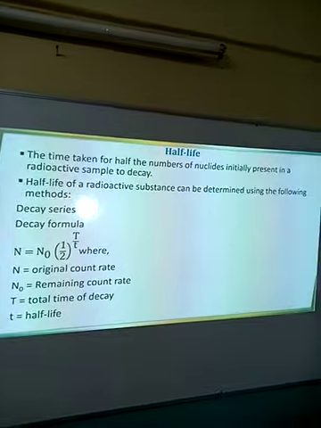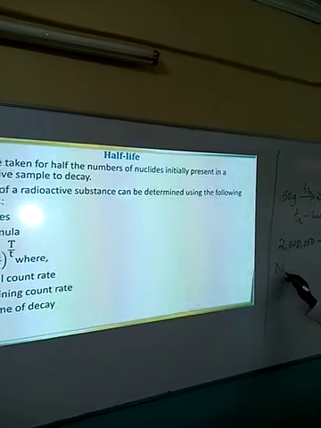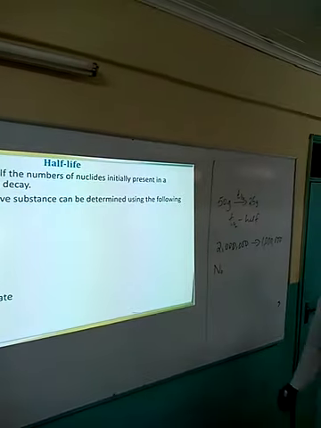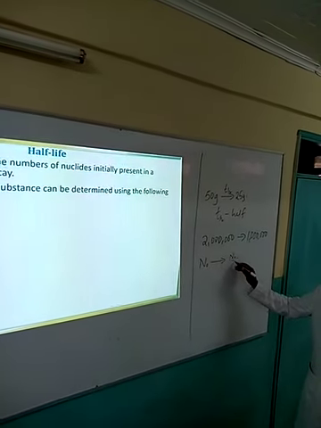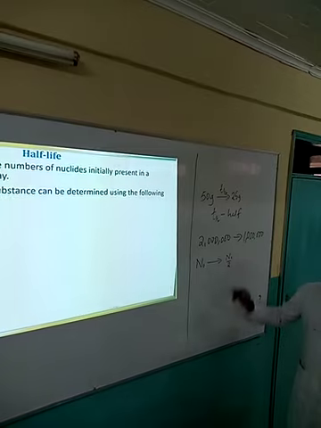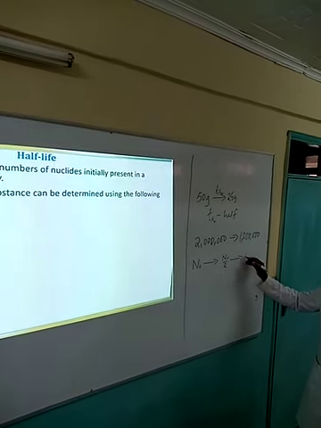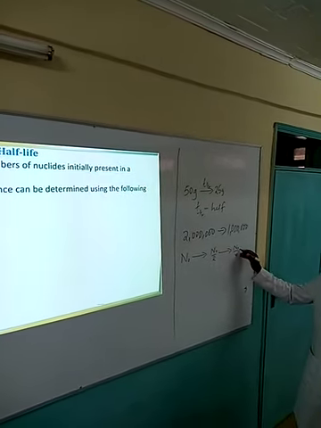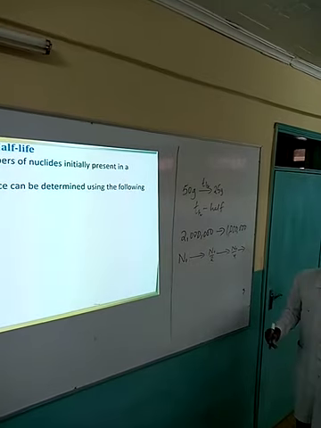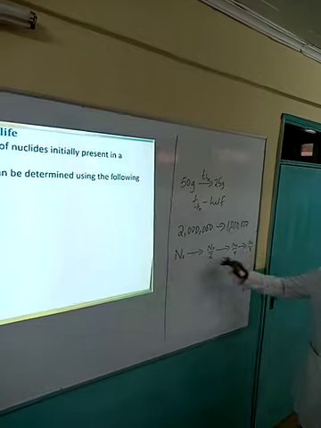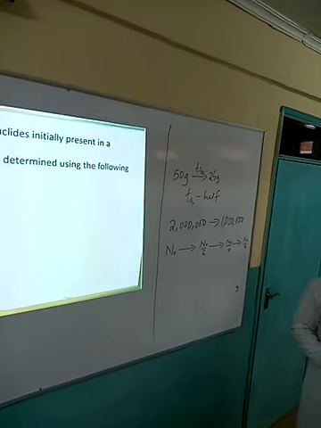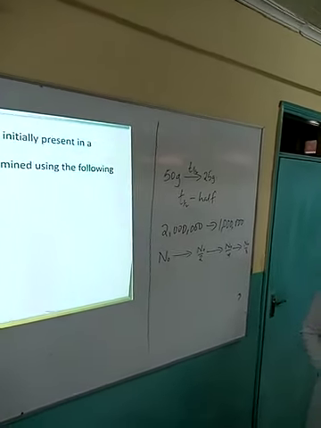For example, if the original number present was N naught, then reduced by half, it becomes N naught over 2. N naught over 2 reduced by half will be N naught over 4. N naught over 4 decaying by half will be N naught over 8. When we write it like that, that's what we call a decay series.